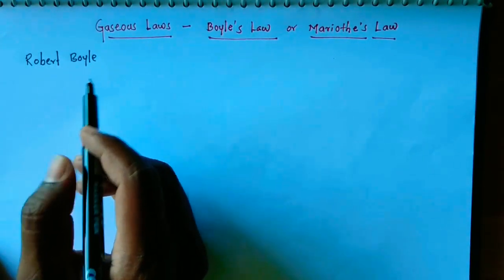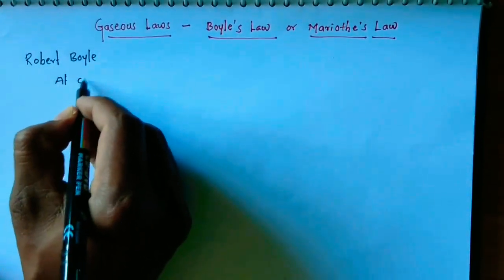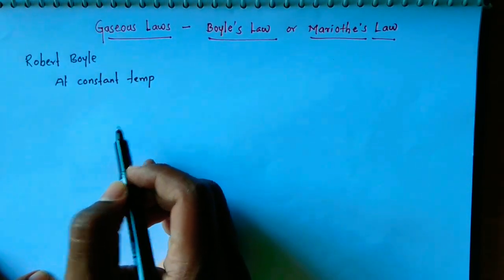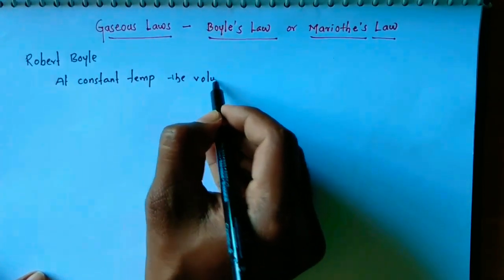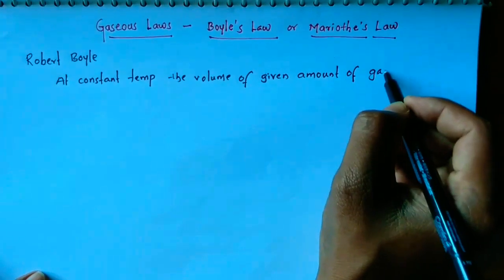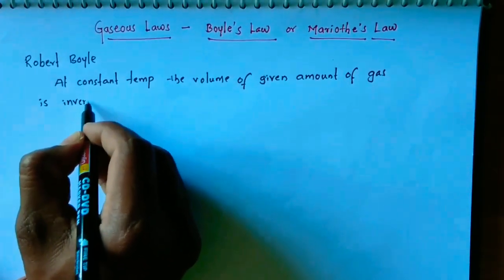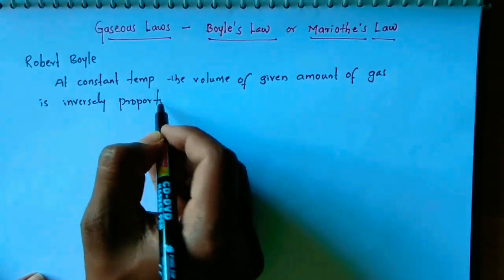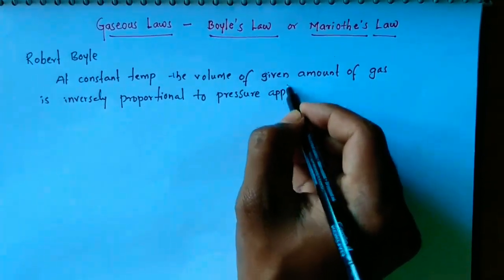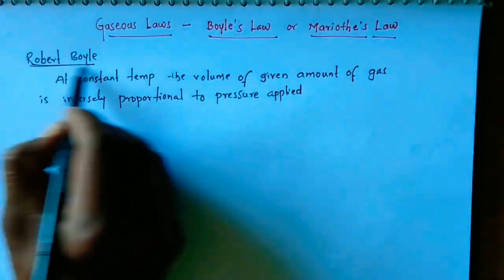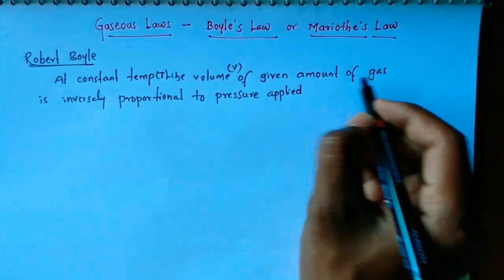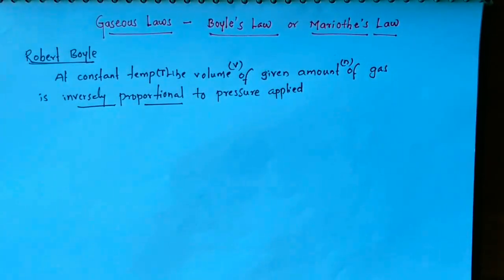According to Boyle's law, at constant temperature, the volume of a given amount of gas is inversely proportional to the pressure applied on the gas.